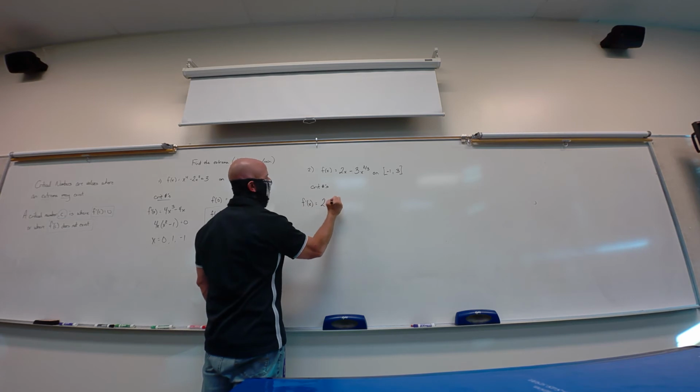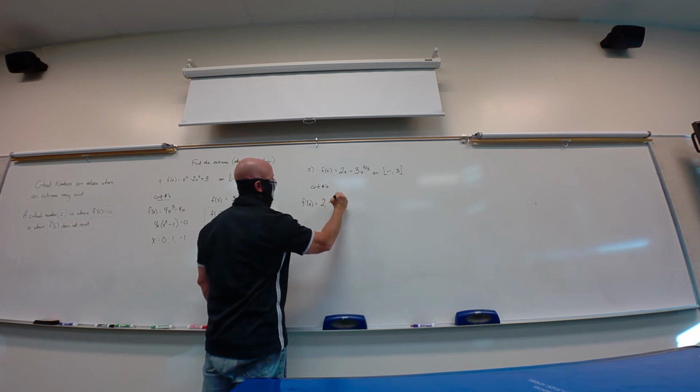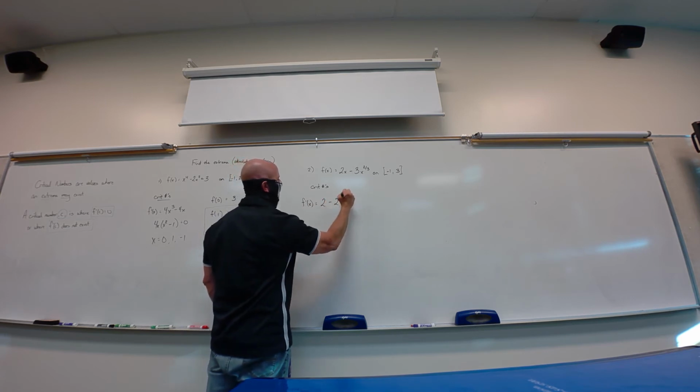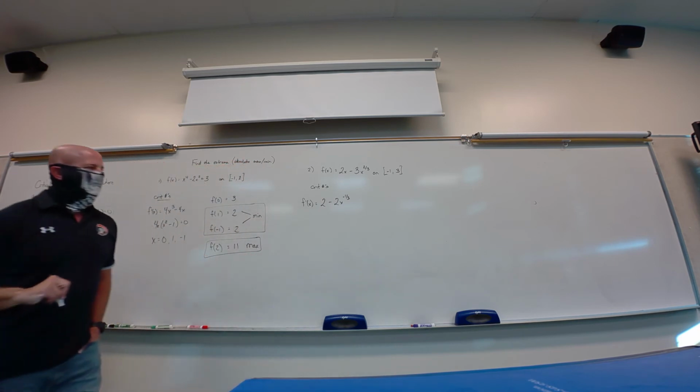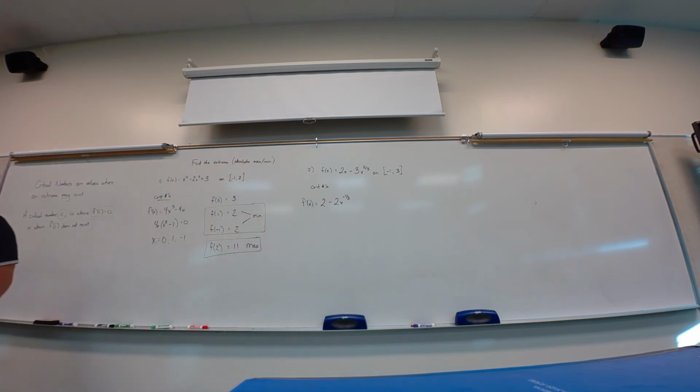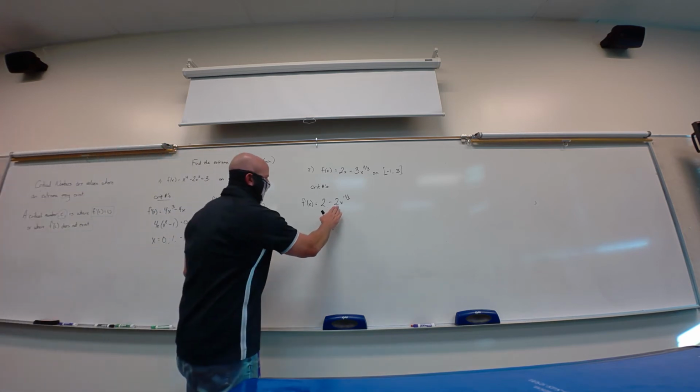Let's see, 2 minus, that would be 2x to -1/3. Everybody agree with that? Okay, so I got my derivative function. I'm thinking about where my derivative function is undefined or equal to 0.